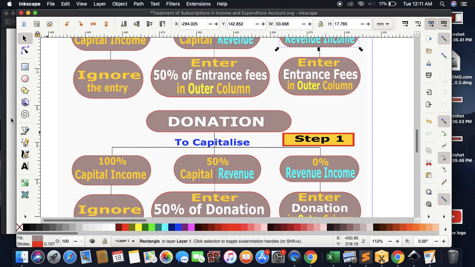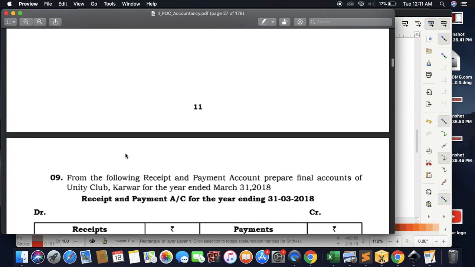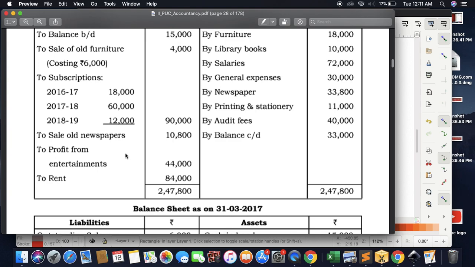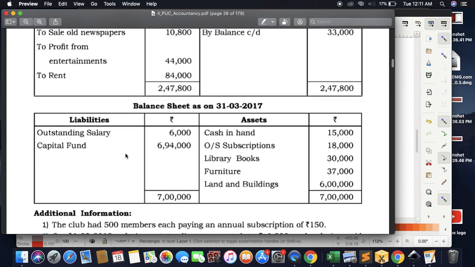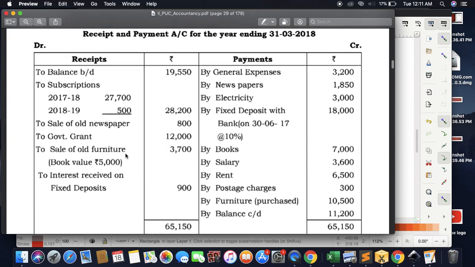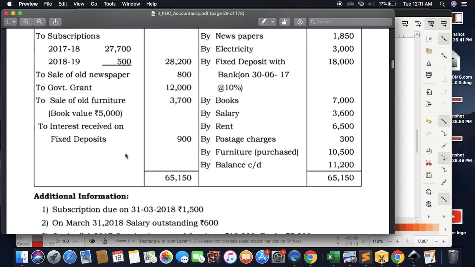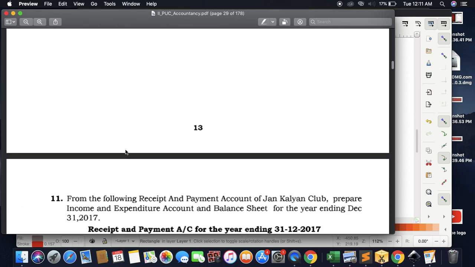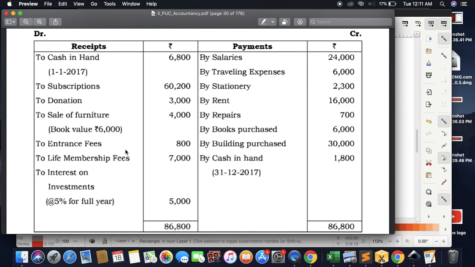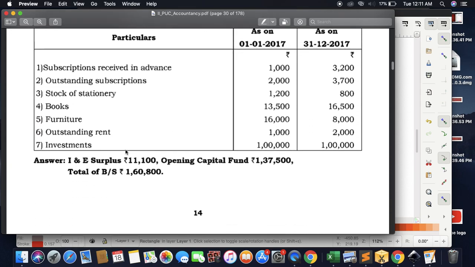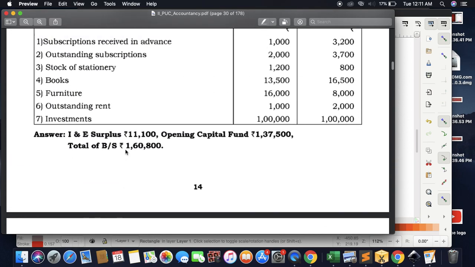Let's see an example. Donation. Let's see if any entry pertaining to donation is given.